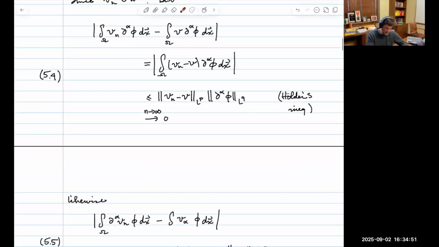Holder's inequality says that if I have two functions that I'm integrating, u and v, and u is in LP and v is in LQ, then the product is in L1.